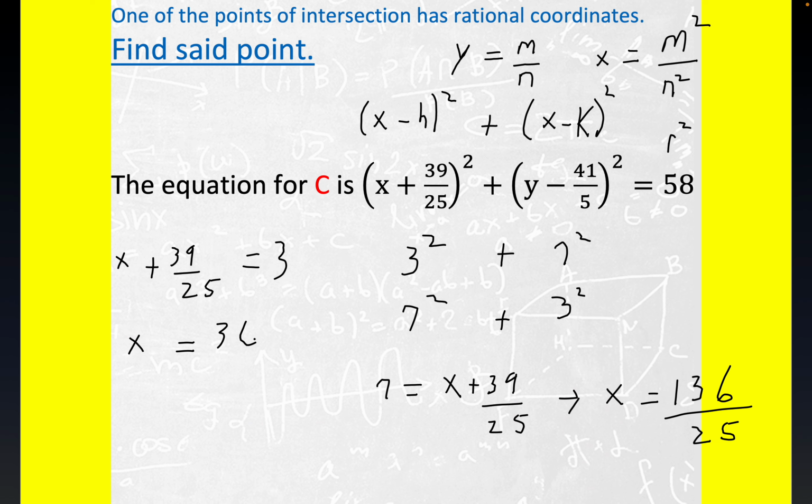And you see, this is in the form we're looking for. 36 over 25 is equal to 6 squared over 5 squared.